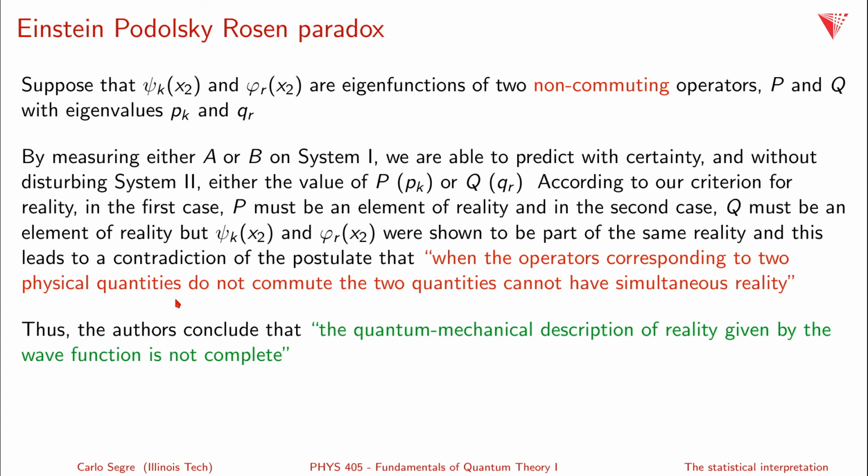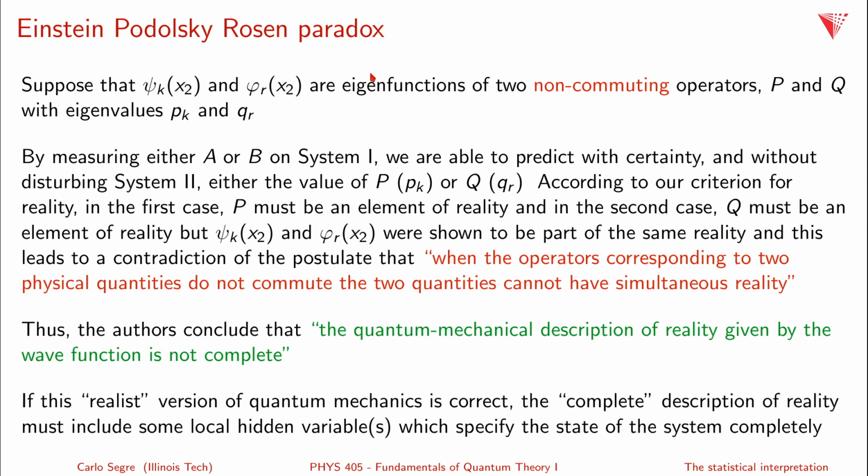And so the authors conclude in this paper that the quantum mechanical description of reality given by the wave function must not be complete, right? Because you're coming up with a system where the same part of reality has the values of two non-commuting operators. So this was the argument that Einstein, Podolsky, and Rosen made.